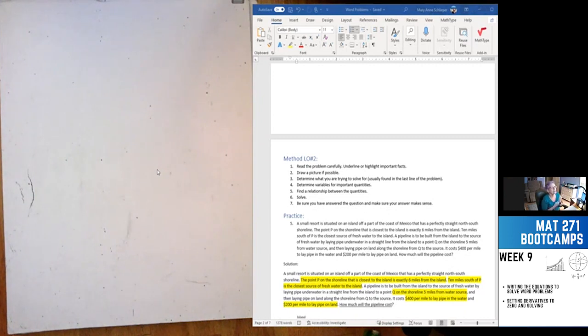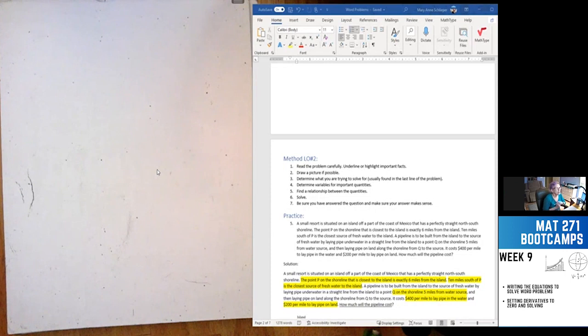So first thing you do is read your problem carefully and highlight it or underline important facts, which if you're taking the class seated and you get to take your tests on paper, then you're lucky. You can actually write on the paper and do that. Then you draw a picture if you can. Determine what you're trying to solve for, and usually you find that in the very last line.